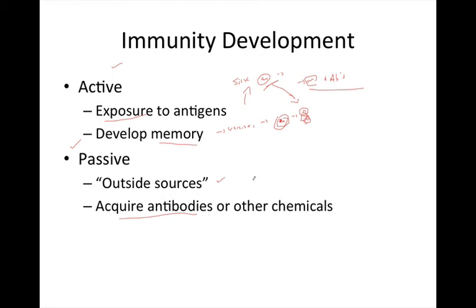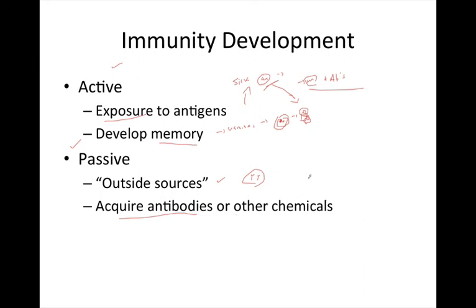Basically they take a mouse, expose it to a pathogen, and then you take the B cells out of that mouse, combine them with some tumor cells, and then you start to form specific antibodies against a particular pathogen. And then you can take those antibodies and inject them into someone if they're infected with a particular pathogen, and then those antibodies help kill whatever is affecting that person.